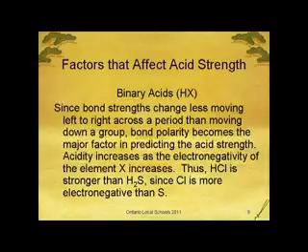Thus, HCl is a stronger acid than H2S, since Cl is more electronegative than S. So if you're given two binary acids from side-by-side non-hydrogen elements that the hydrogen is bonded to, you would predict that the stronger acid will be the more electronegative element, which is the one to the right on the periodic table.